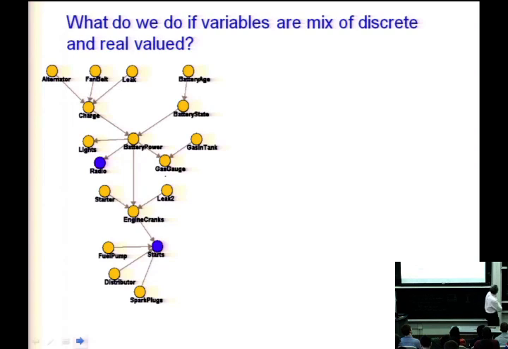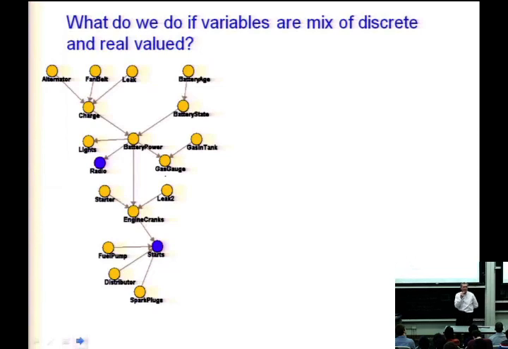Like, let's say, battery power there is a real value. It's what's the percentage of battery life left? Whereas fuel pump is 1 or 0. Is the fuel pump working? So we have some Boolean variables and we have some real valued variables. What does that do to us?